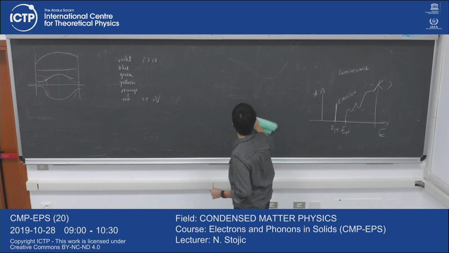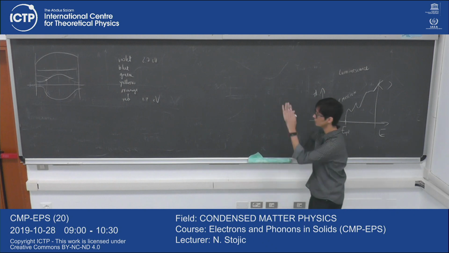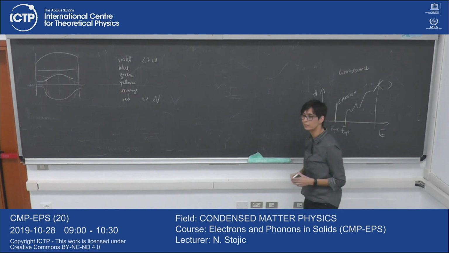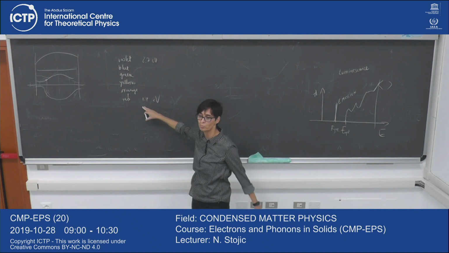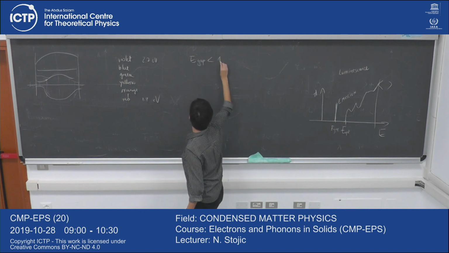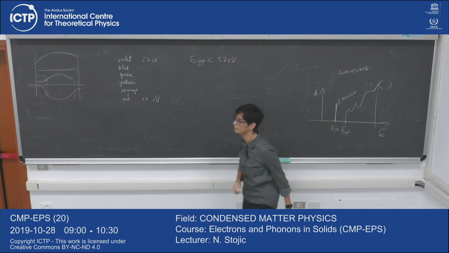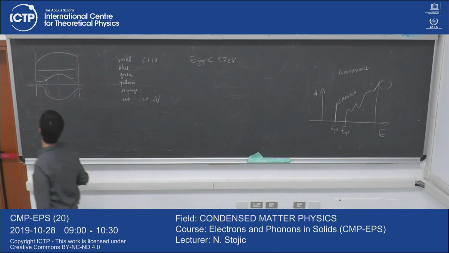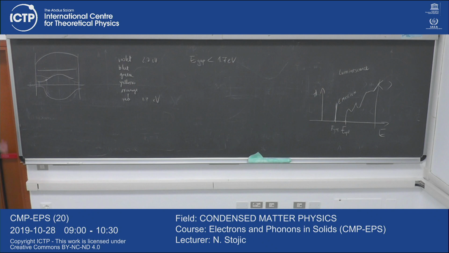So, what happens when you shine visible light on a semiconductor which has a gap smaller than 1.7 eV? Let's say the gap is silicon or whatever, 0.5 eV. The likelihood is that it will excite, so all the light will get absorbed.